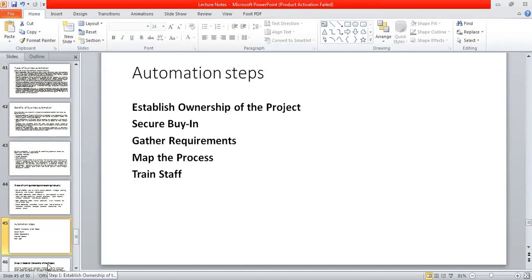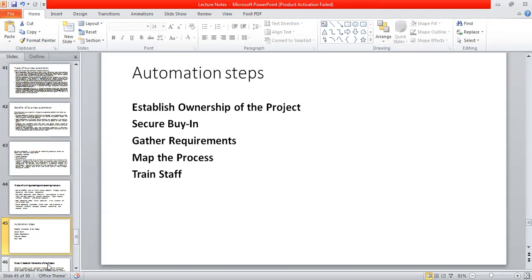So these are the general steps when automating any process. The first step is to establish ownership of the project. So there should be someone who is responsible as the project owner. After establishing the project owner, there's a need to secure buy-in from different departments, even the departments which are not affected directly by the automation process.